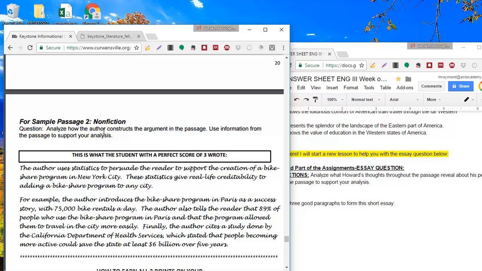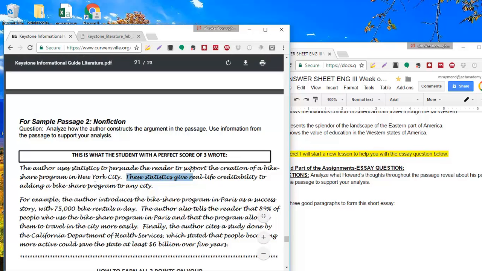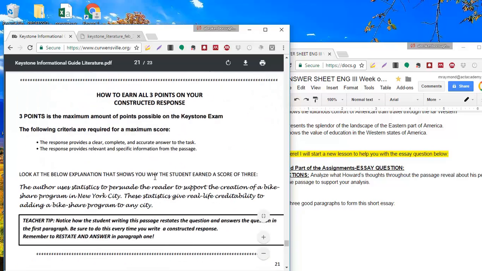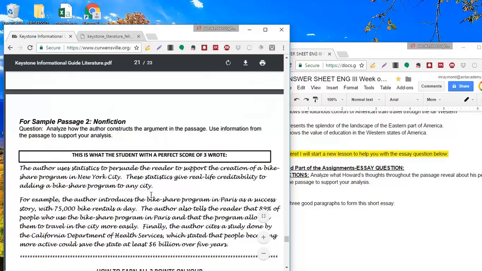How does he use it? How does the author construct the argument? He uses statistics to persuade. These statistics give real-life credibility to adding a bike share program to any city. So this student is restating and answering the question in paragraph 1. That is what you want to do.